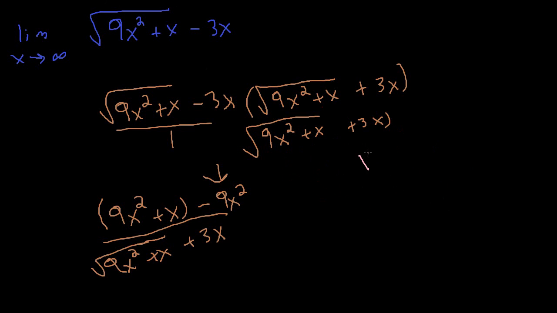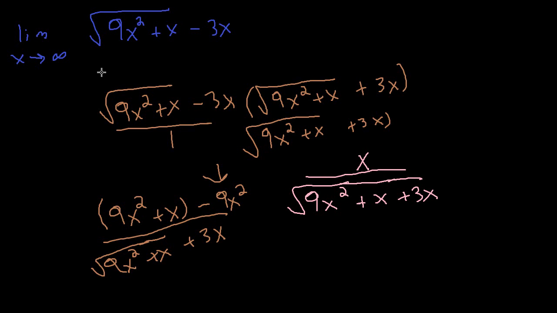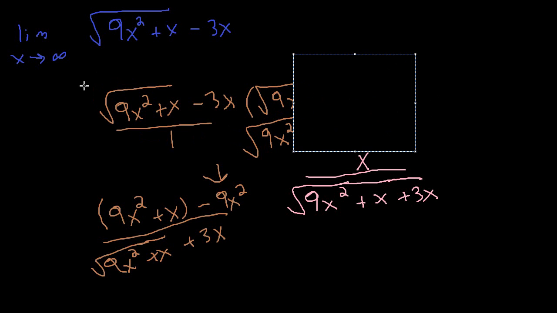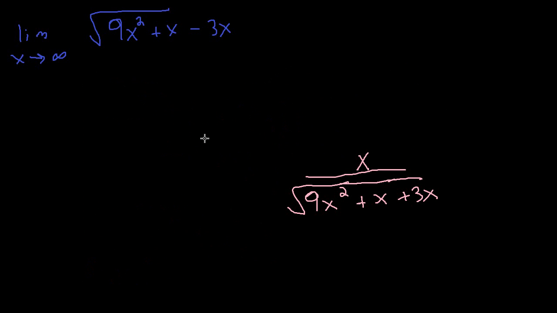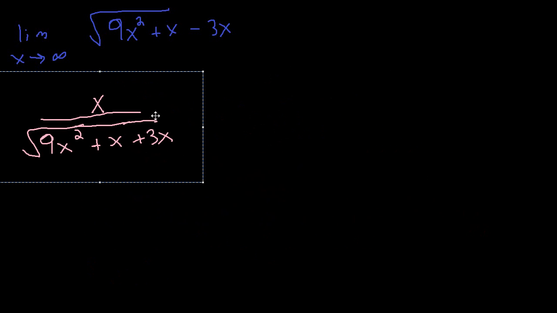So just an x, all over the square root of 9x squared plus x, mind you, then plus 3x over here. Now we're making some progress. Let me just erase the top part to make some room for myself. I'll move this also to the side over here.